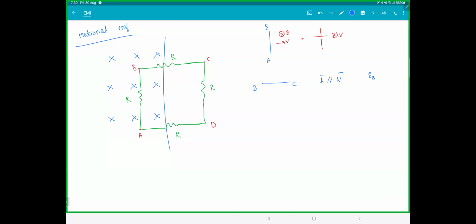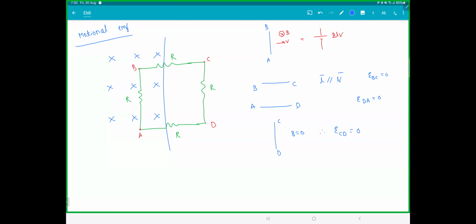So the EMF of BC is 0. It doesn't contribute anything. Same logic for DA, also 0. And for CD, there's no magnetic field. Therefore, the EMF of CD is also 0. That means all the EMF that was being generated was generated only by AB.